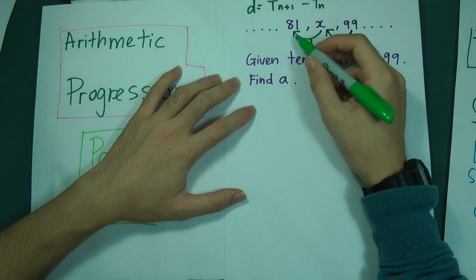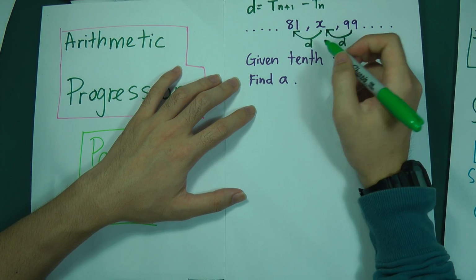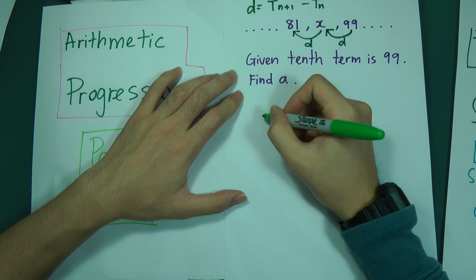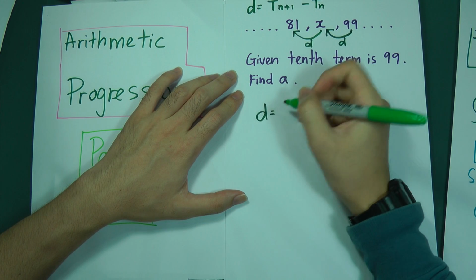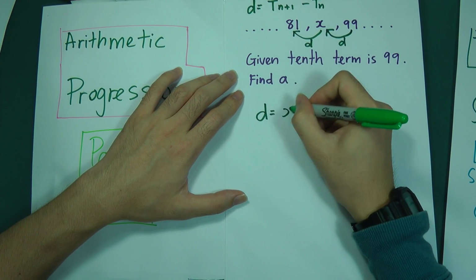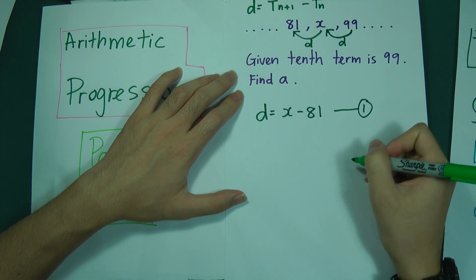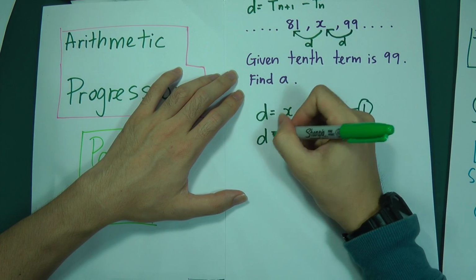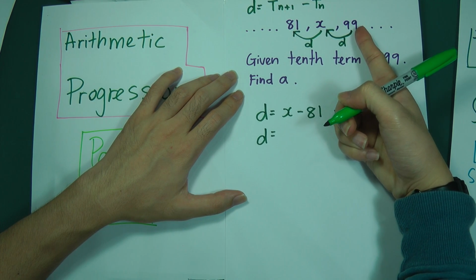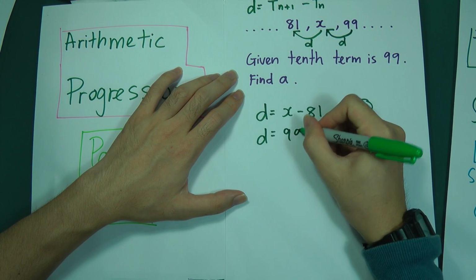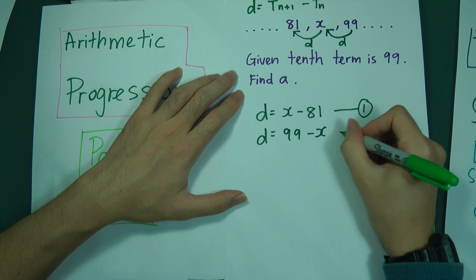So in order to get x and d, I know d is equal to x minus 81. That's the first equation. And the second equation is d also the same as 99 minus x. Correct or not?